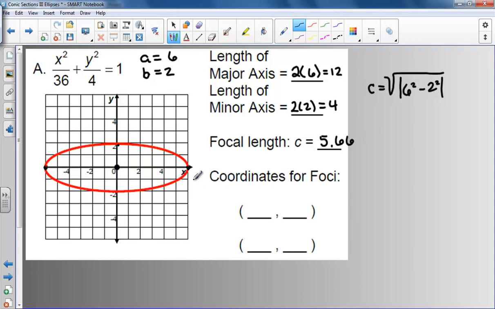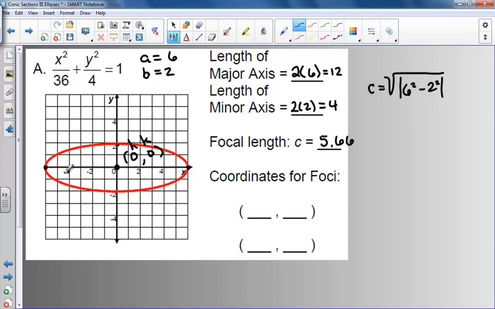Okay, so then to find the focus points here, I also need to know H and K. So my center was 0, 0. So H is 0 and K is 0. So focus points horizontally on this, because the focus points are always on the major axis. And so I wouldn't want to find these ones there on the minor axis.